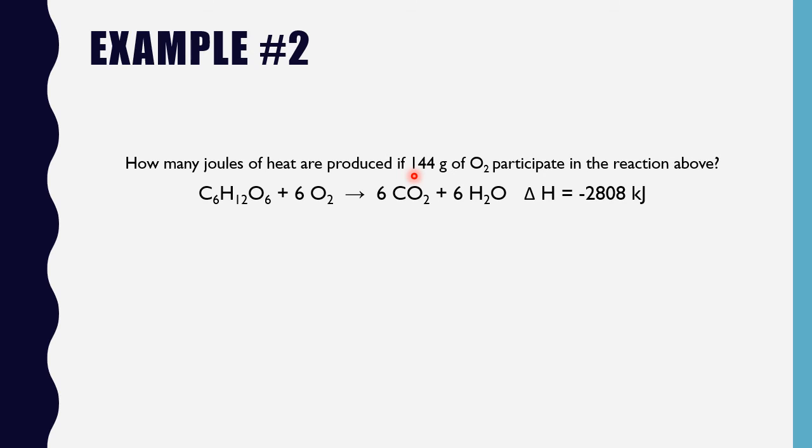Using my periodic table, find the molar mass of O2. In this case, it's going to be 32 grams. So 144 grams converted to moles with the molar mass, and I get 4.5 moles.